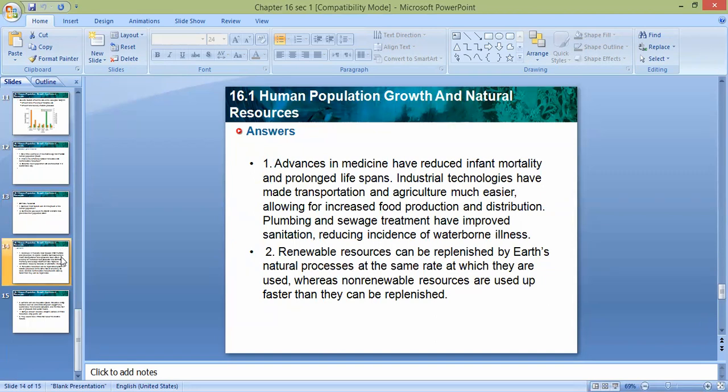Renewable resources هم can be replenished by earth natural processes at the same rate at which they are used, whereas non-renewable are used up faster than they can be replenished.